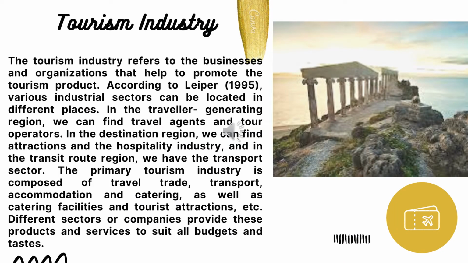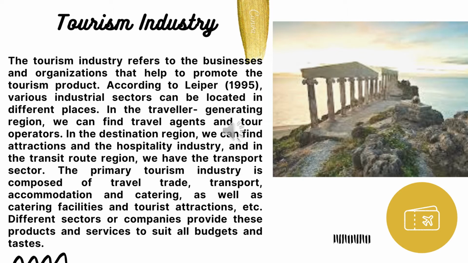And the last element in our tourism system is the tourism industry itself. So it refers to the businesses and organizations that help to promote the tourism product. According to Leaper, year 1995, various industrial sectors can be located in different places. In the traveler generating region, we can find travel agents and tour operators.